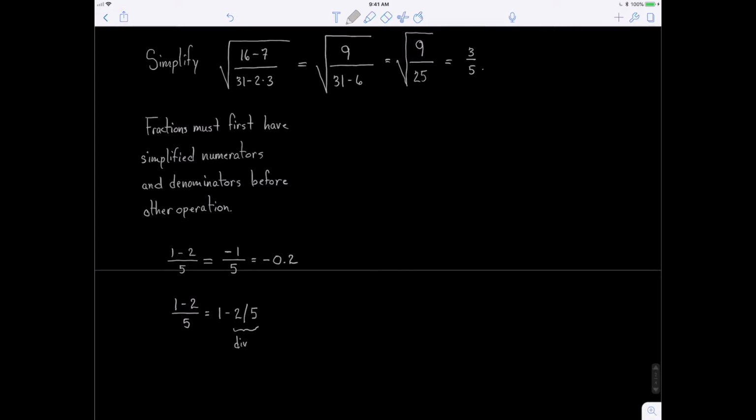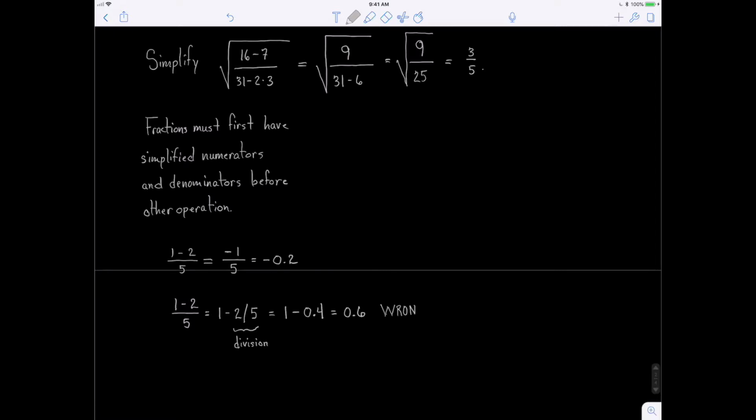That's what our order of operations told us. So that means I have to first take 2 divided by 5, so this becomes 1 minus 0.4. Well, if I subtract 0.4 from 1, I would be left with 0.6. So notice this is wrong.